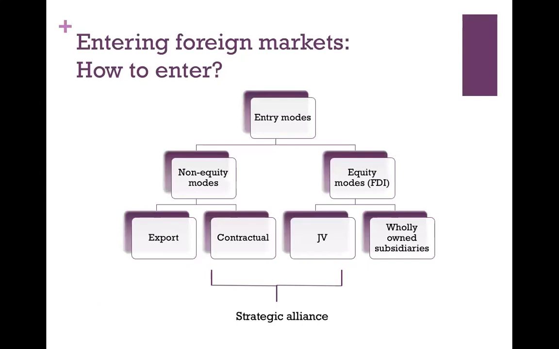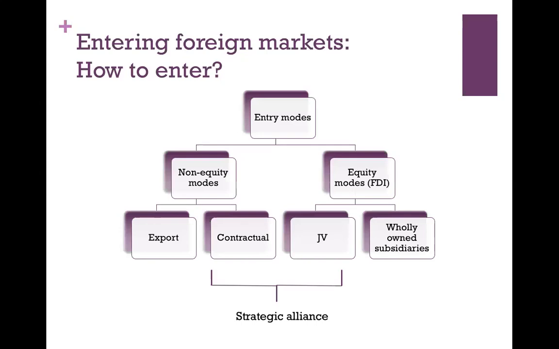And the second one is the equity modes or foreign direct investment. There are two options in here, either joint venture or wholly owned subsidiaries. So you open a new company or a subsidiary company in the host market. That's part of the equity mode.